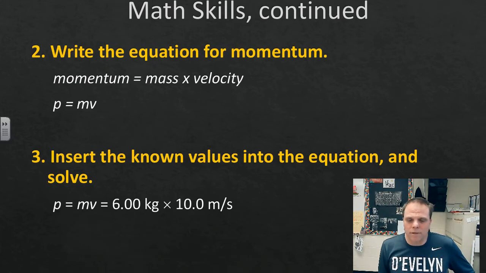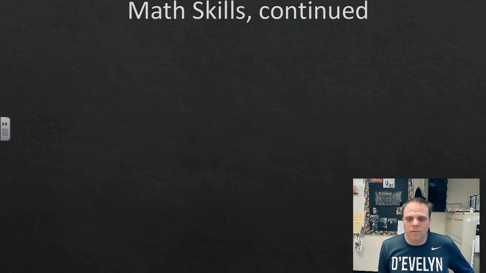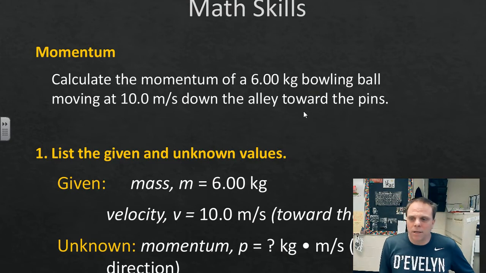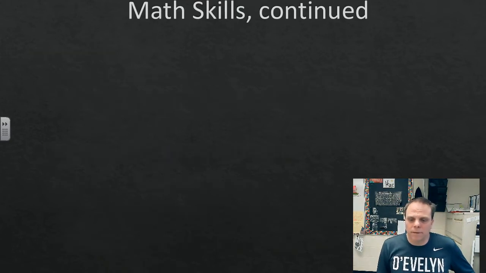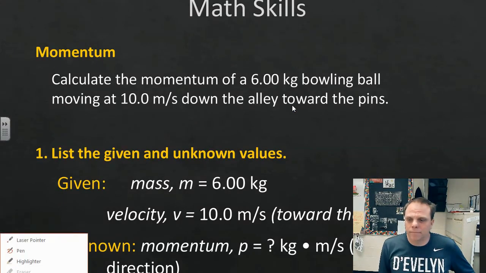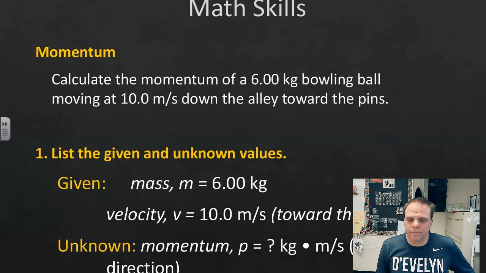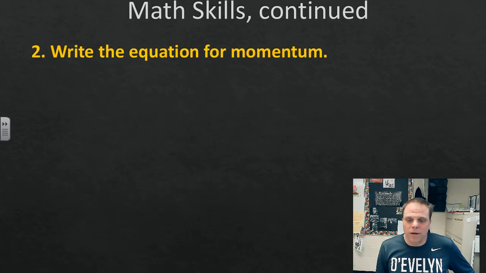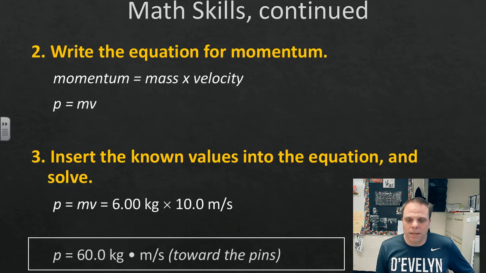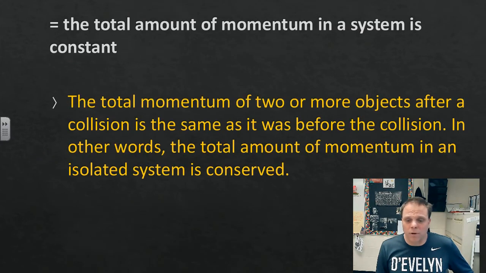Well, you got to go back to the original question, because that original question talked about the direction, toward the pins, right? So you have to make sure you include that direction in your solving of momentum. So that's how you do a momentum problem. Again, you can practice a few more of those on page 415, I think it was.